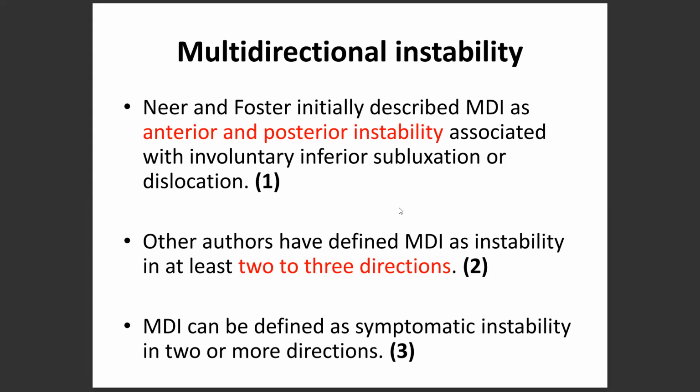Similarly, other authors have defined multi-directional instability, MDI, as instability in at least 2 to 3 directions. MDI can be defined as symptomatic instability in 2 or more directions. So a number of definitions are present in the literature. If we summarize all these definitions, multi-directional instability means there is simultaneous dislocation of the shoulder joint in the anterior direction as well as in the posterior direction. So when instability in 2 or more directions is present at the same time, it will be termed multi-directional instability.